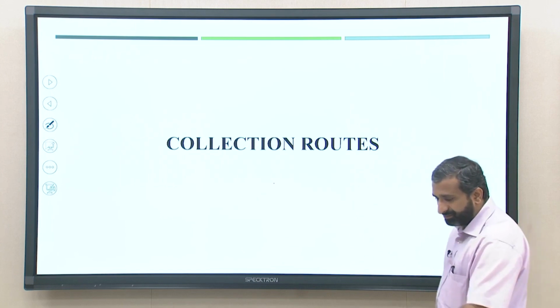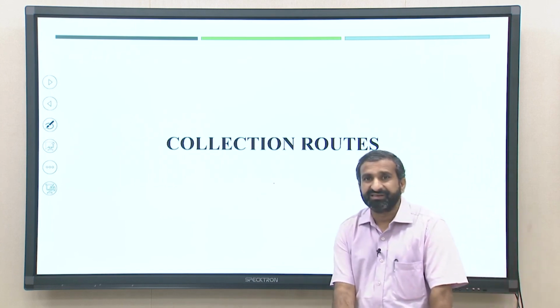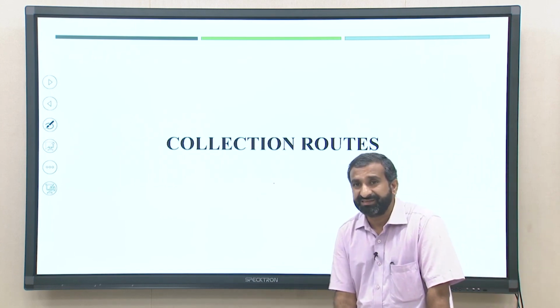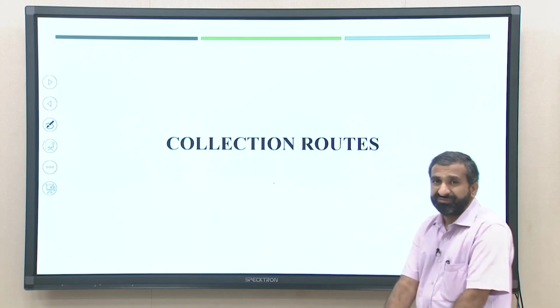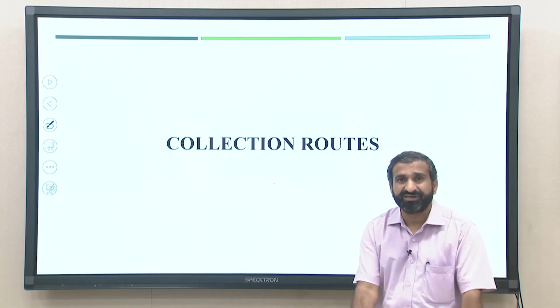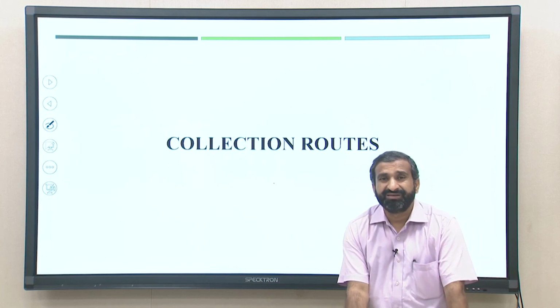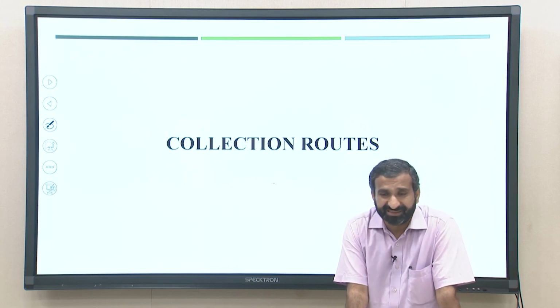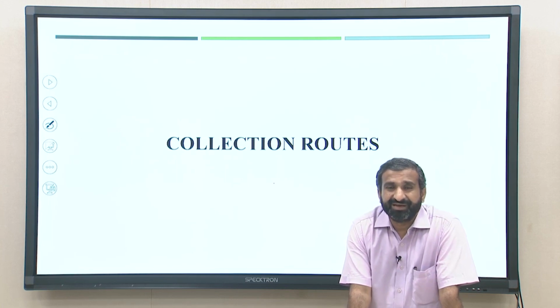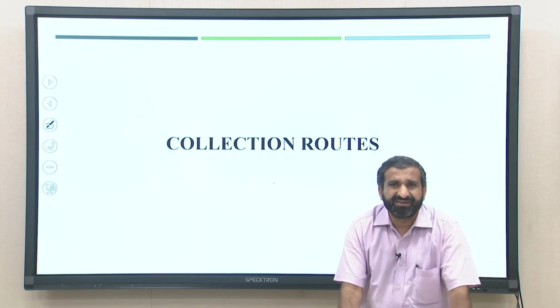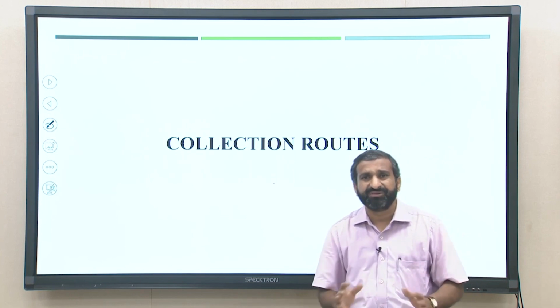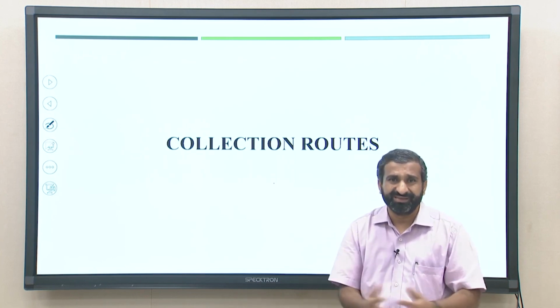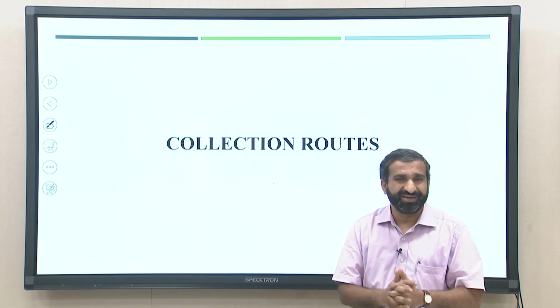Now, another very important discussion in the collection of solid waste is the collection route. This is one of the very important issues while collecting solid waste from the urban centers. And I can't say it is easy to finalize the route.